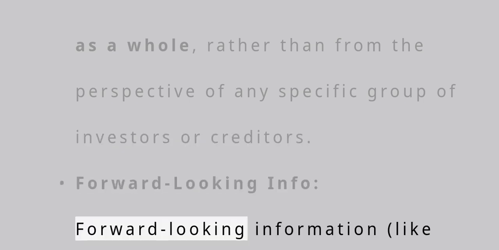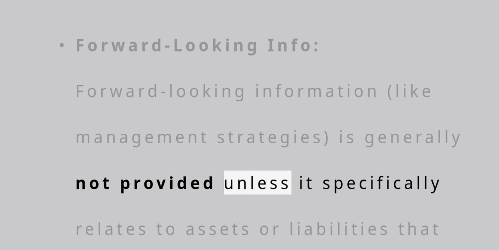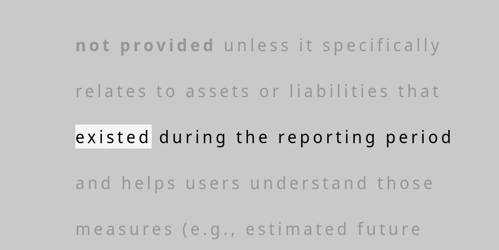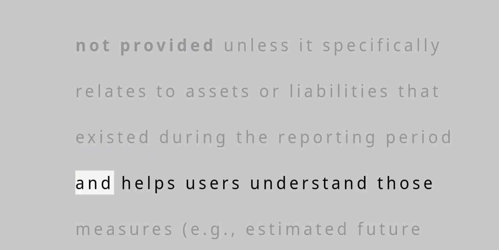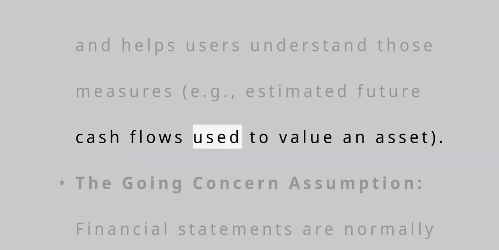Forward-looking info: forward-looking information, like management strategies, is generally not provided unless it specifically relates to assets or liabilities that existed during the reporting period and helps users understand those measures, e.g., estimated future cash flows used to value an asset.